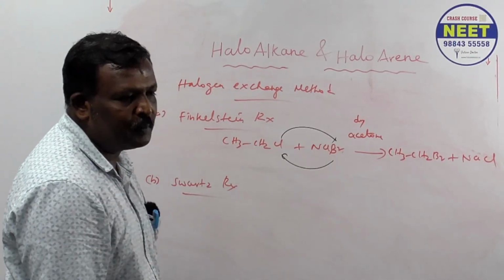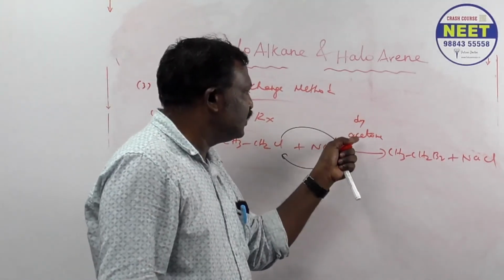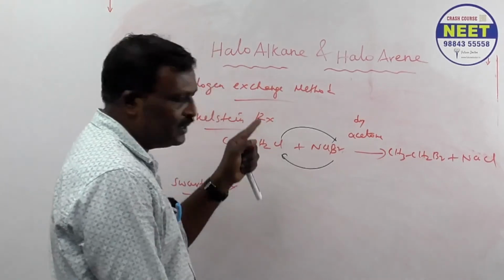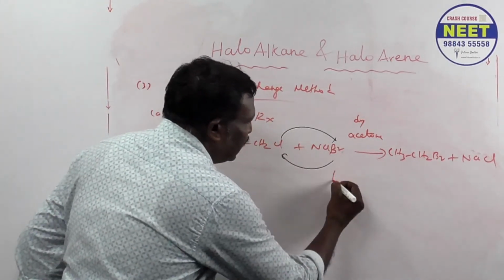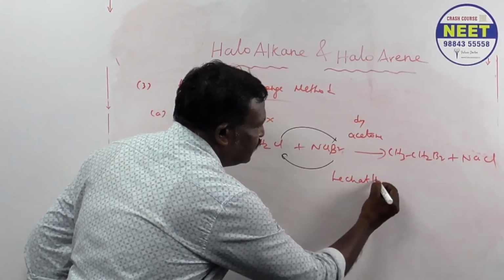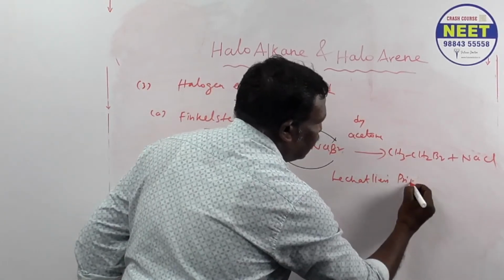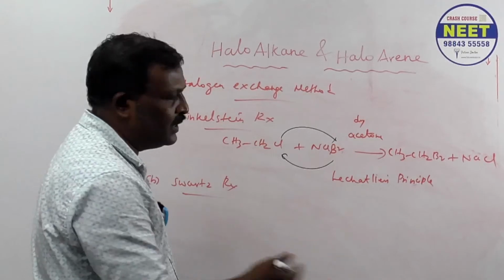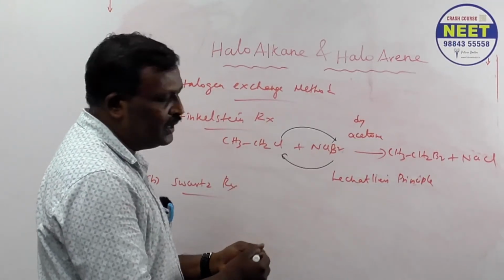What's the principle behind it? Why are we using acetone? To avoid the backward reaction. That is the purpose. The principle is Le Chatelier's principle. Suppose you want to proceed a reaction forward or backward, if we change the conditions we can proceed in any direction.